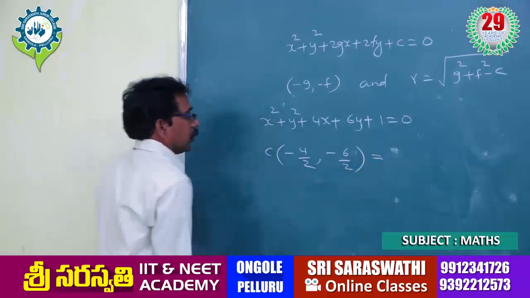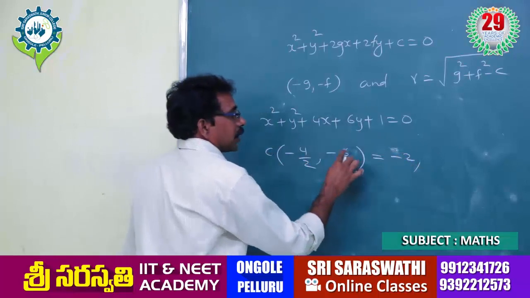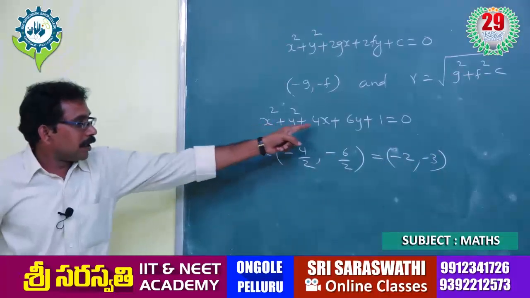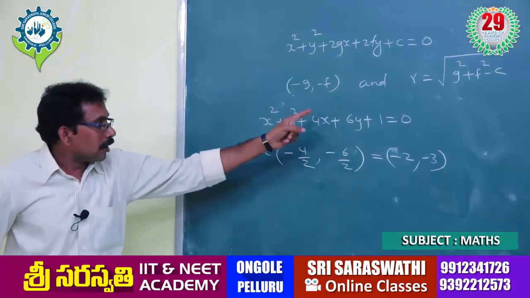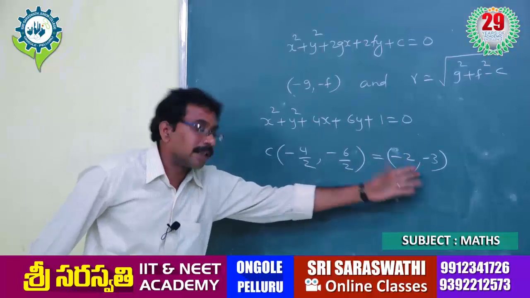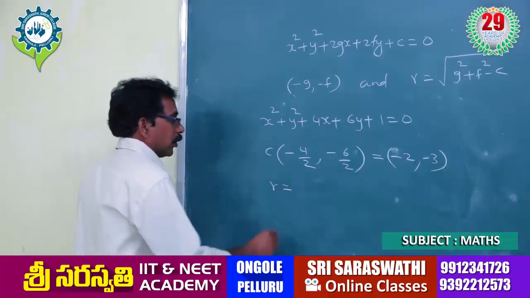That is equal to minus 2, minus 3. So for the given equation, the center is minus 2 comma minus 3.